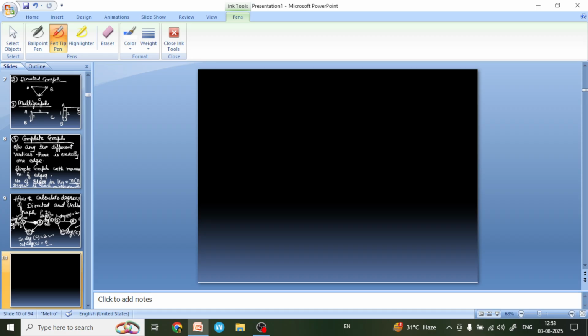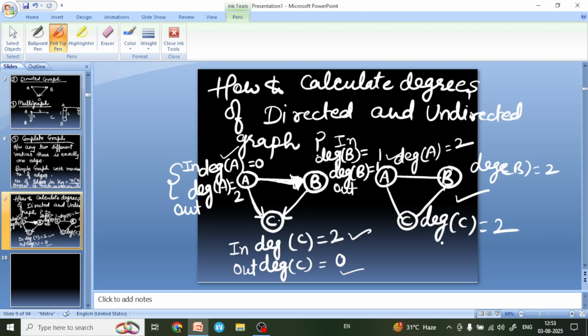Now you should keep some points in mind. A loop contributes 1 to both in degree and out degree. If all vertices have the same degree, then the graph is a regular graph. You can see here it has the same degree, so that's why this is a regular graph.